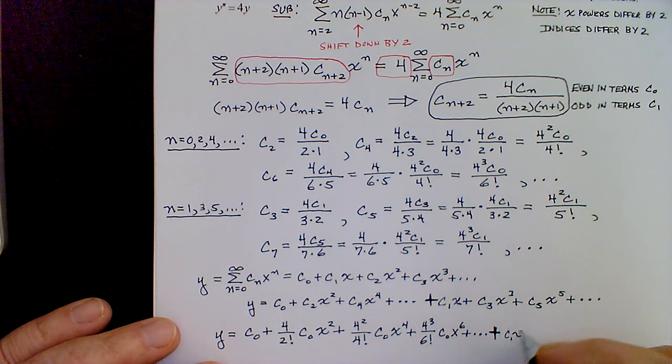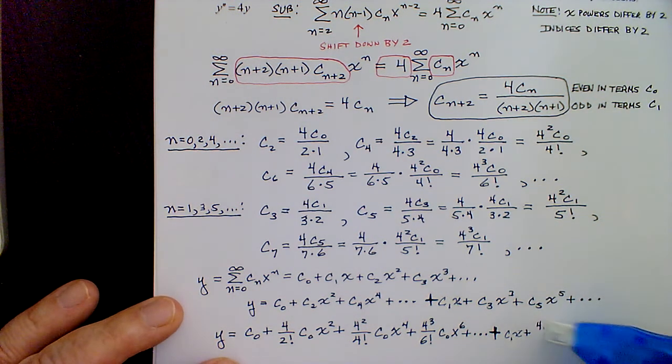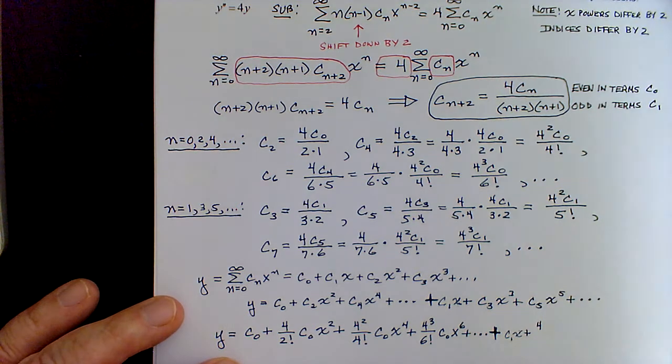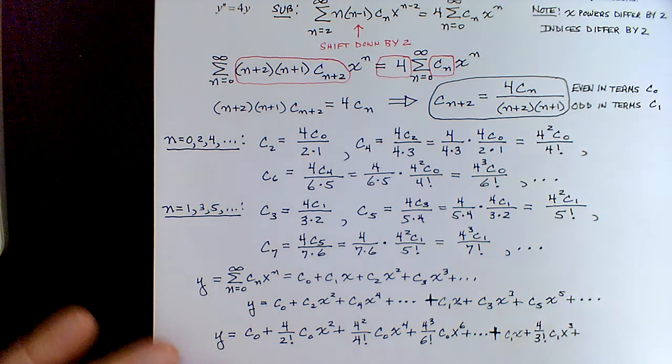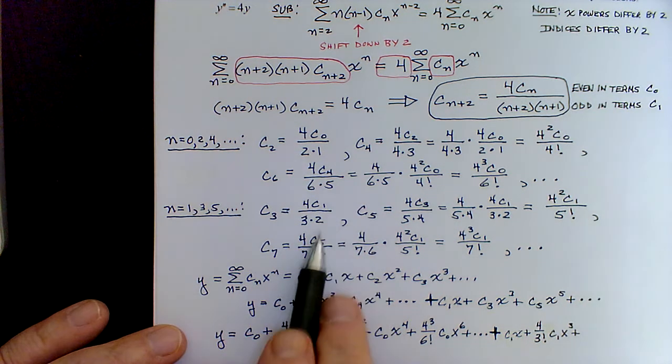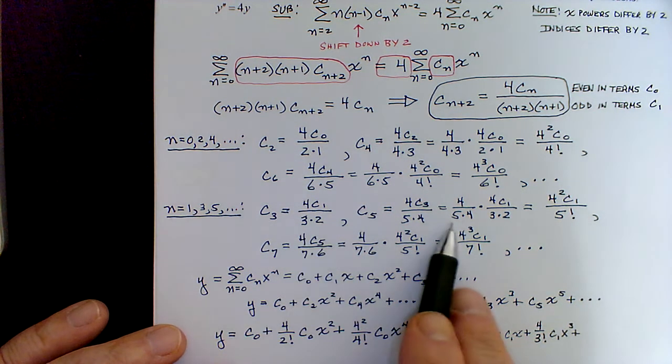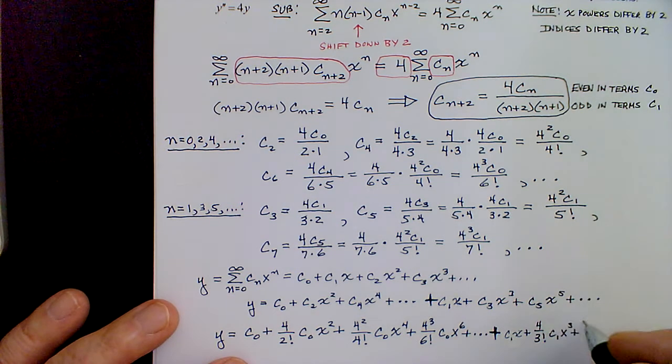Okay, so we get the c1x, and then plus c3 was 4 over 3 factorial times c1x cubed, plus, okay, so I call it the 3 times 2, 3 factorial, plus c5, 4 squared over 5 factorial, c1 x to the 5th.